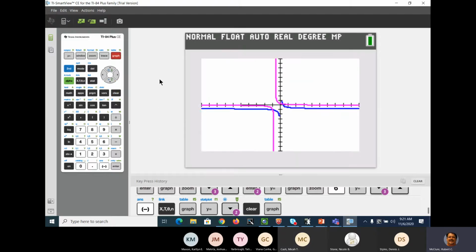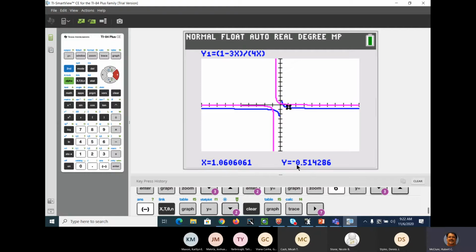And you can see that they are opposites of each other, but you can't tell very much. If you did a trace, you would be able to. So if you did trace, and on the first one, you did 0, let's see. Okay, there's 1.06, and negative 0.51. So I'm going to write that down right here.